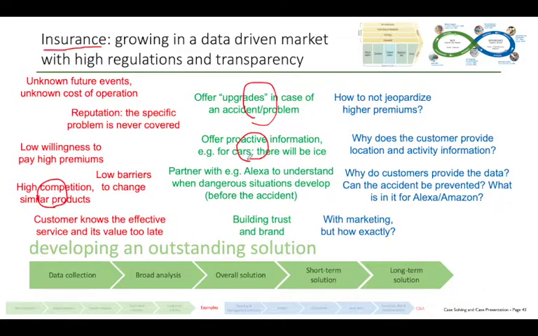Now here, I believe the fundamental short-term as well as long-term question that we have to address is why would customers provide location and activity information? Wouldn't they fear that the insurance is using this information for their disadvantage?